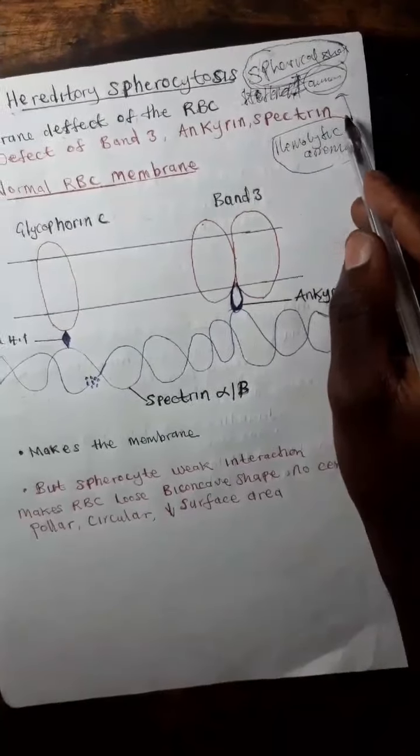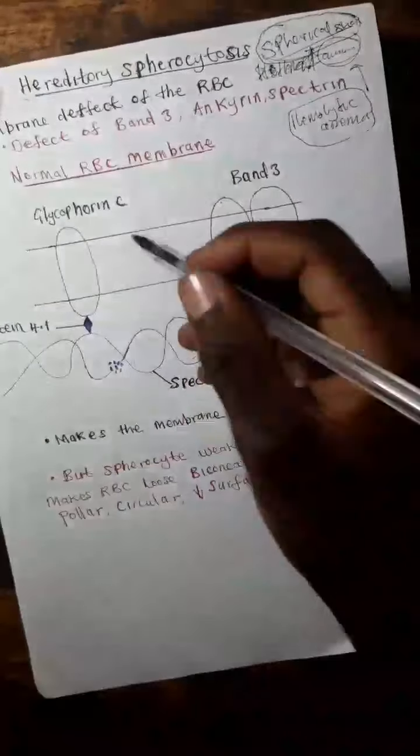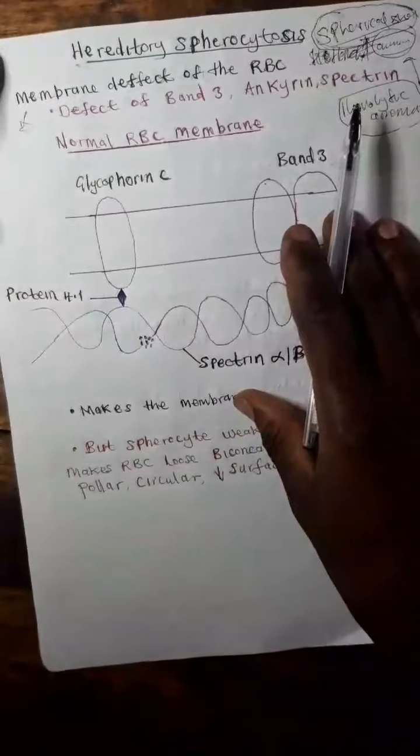So now, what is the pathophysiology of hereditary spherocytosis? For us to understand the pathophysiology, let us consider the normal red blood cell membrane. The normal red blood cell membrane has the cytoskeleton in the cytosol, and this is the bilayer.